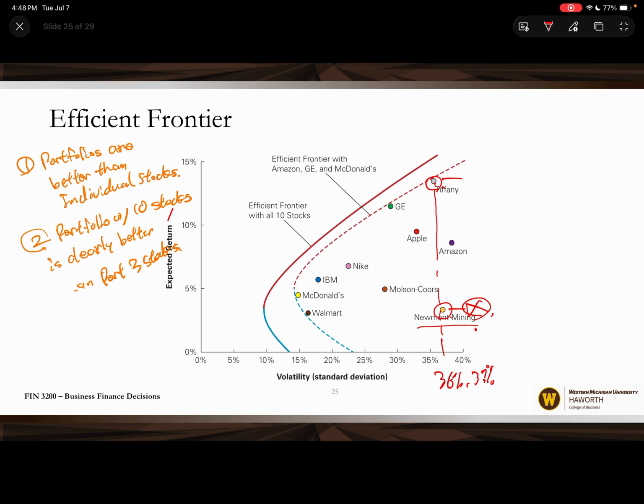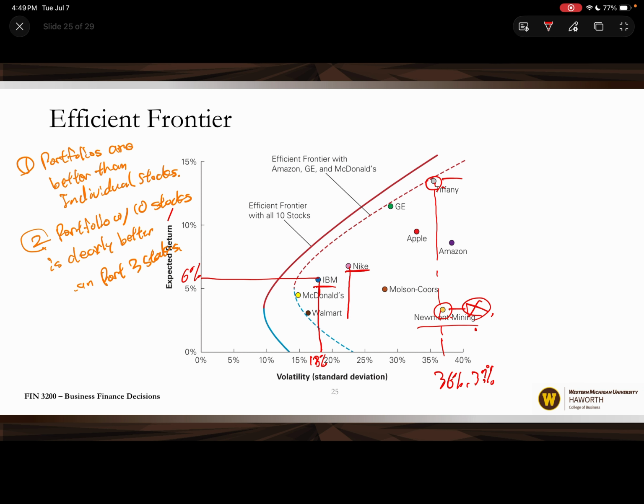How about IBM and Nike? I have to think too. So IBM has an expected return of about 6% and 18% volatility.